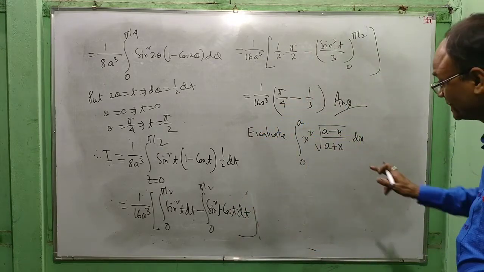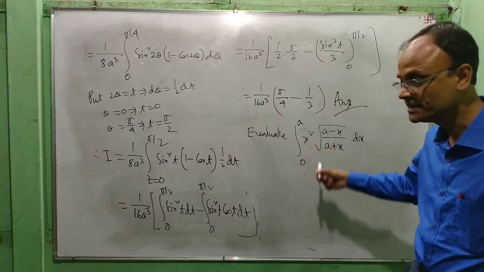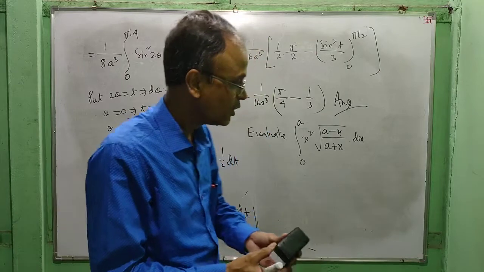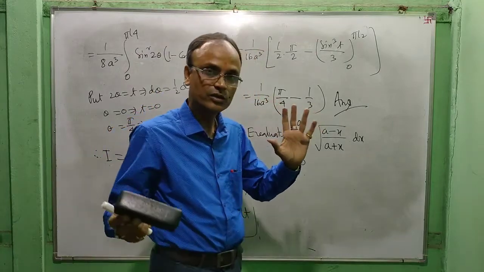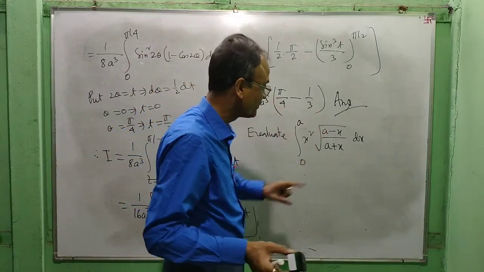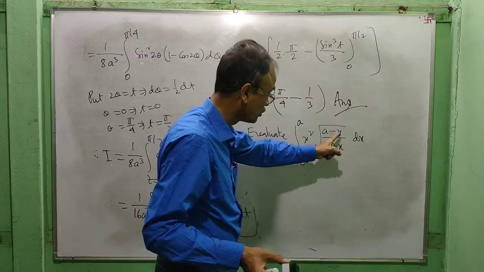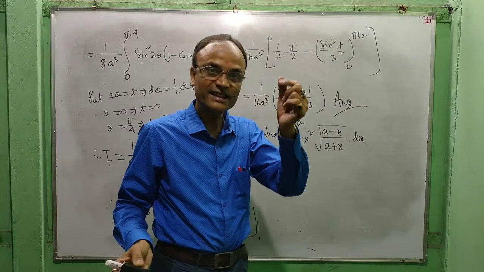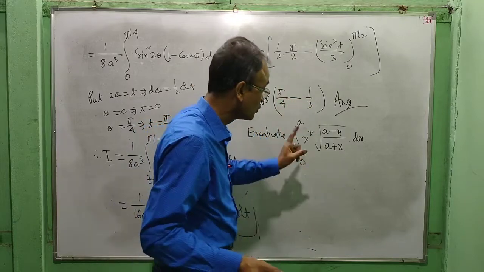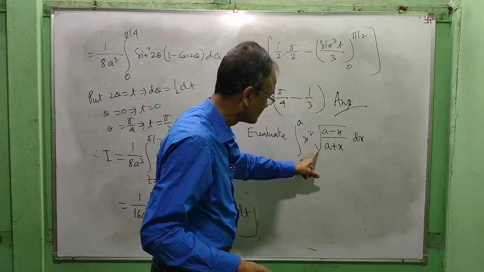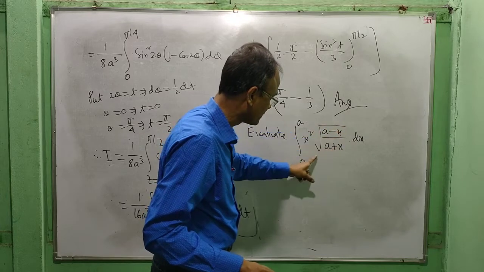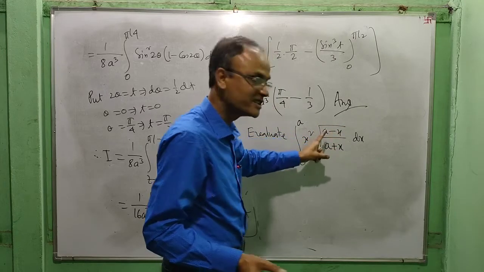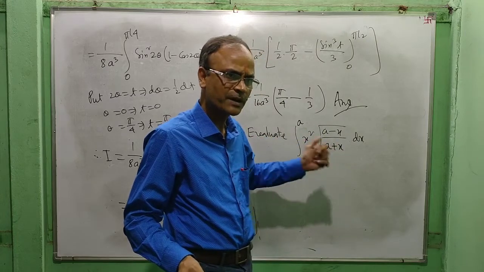Now, see this integration: x square root over a minus x divided by a plus x. What should we do? We may put x is equal to a cos theta, so that the term within the radical sign will be a perfect square.